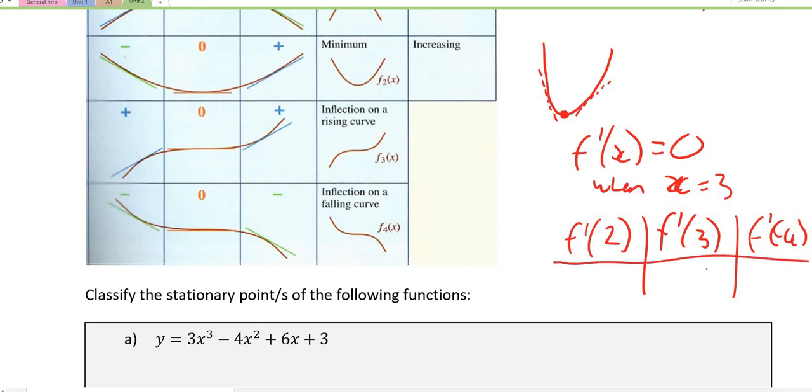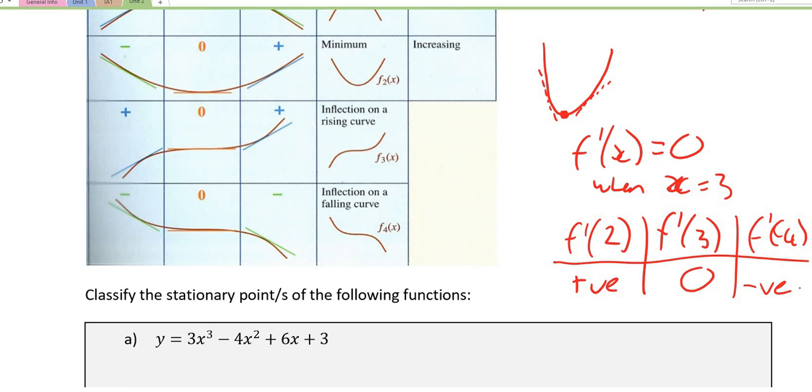Now, we already know what it is at 3, it's 0. You either do it in your head, in the calculator, or solve it. Let's say that f dash of 2 was a positive number. I don't even care about what the number is. I just need to look at whether it's positive or negative. If it's positive, and then I look at f dash of 4 as negative, I know that my slope is going up, then it stops, then it goes down. What kind of turning point is that? It's a maximum.